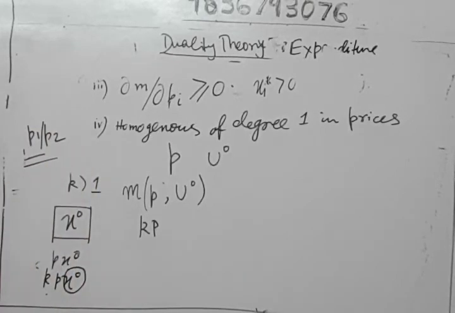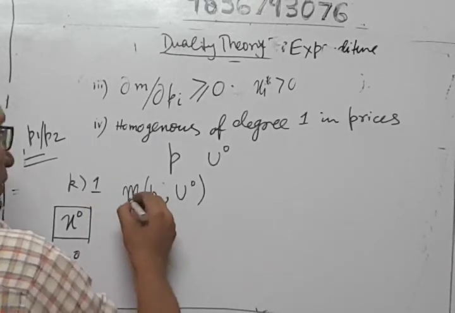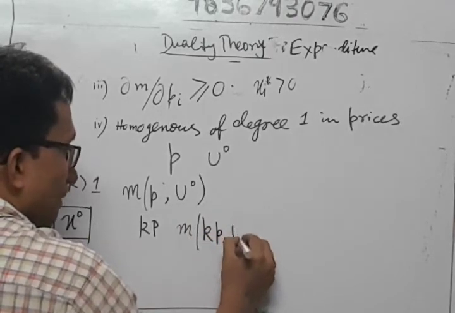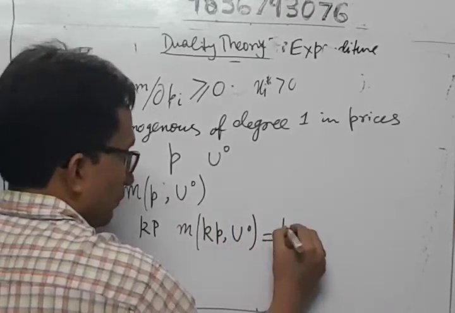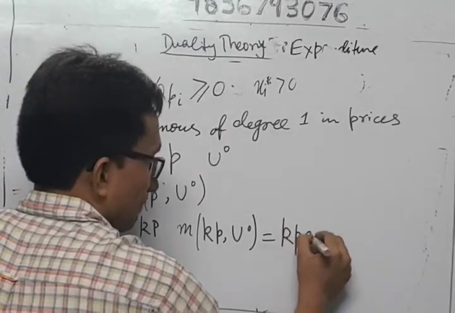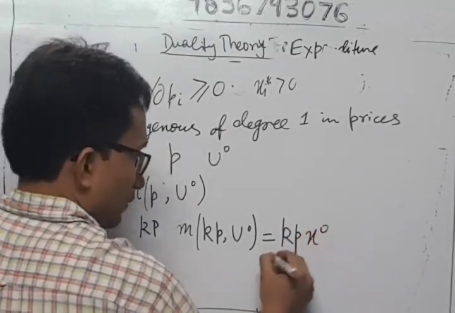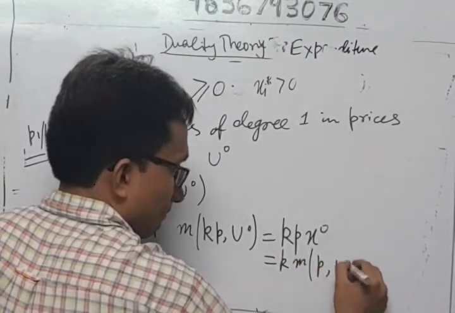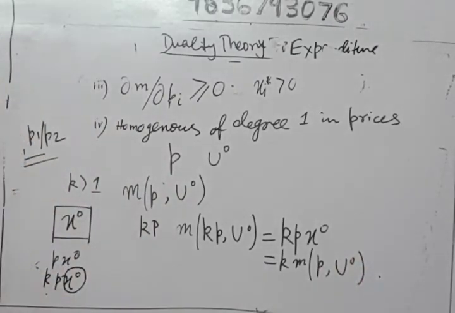So when this happens, that means the expenditure function now changes from m of p, u0 to m of kp, u0, which is nothing but k p x0, which is again nothing but k times m of p, u0. Okay, and hence this proves our property that it is homogeneous of degree 1 in prices.